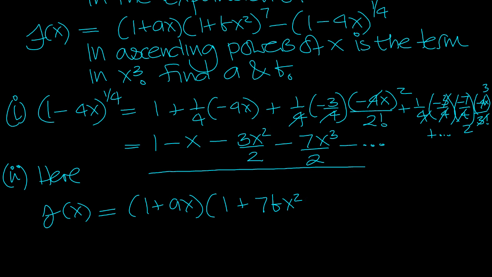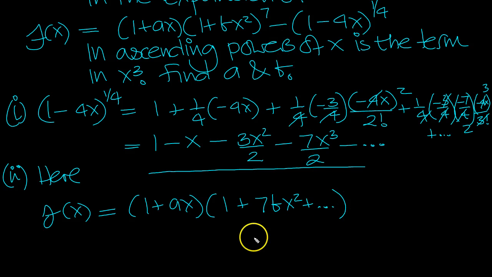So I can just put plus dot dot dot. We're only worried about the constant and the x term, and maybe even the x squared term, because they'll be 0 because the x cubed is the first non-zero term. So we can just worry about that, because the next term will be higher than x squared.